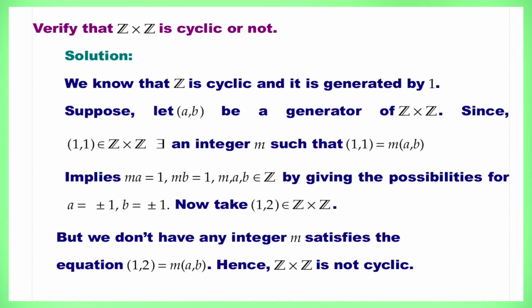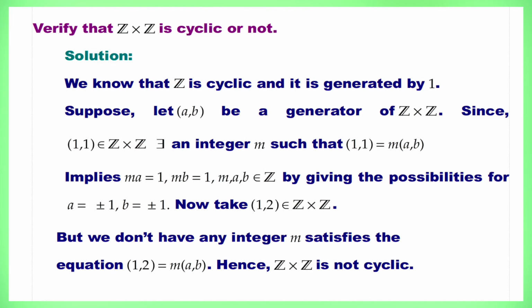In the next problem, we are going to verify whether Z cross Z is cyclic or not. Now we know that Z is cyclic and it is generated by the element 1. Now let us suppose that (a, b) is a generator of Z cross Z. Since (1,1) belongs to Z cross Z, there exists an integer m such that (1,1) can be written as m times (a, b), where (a, b) is the general generator.